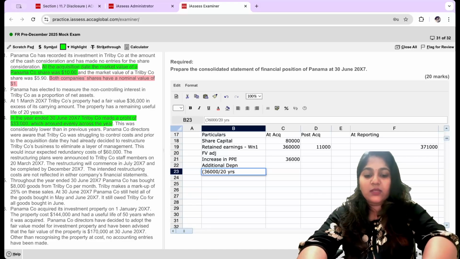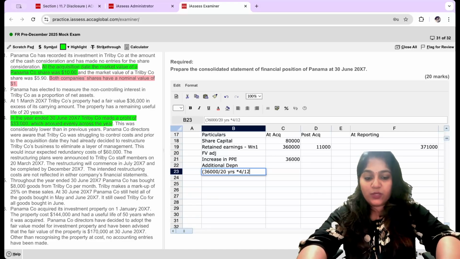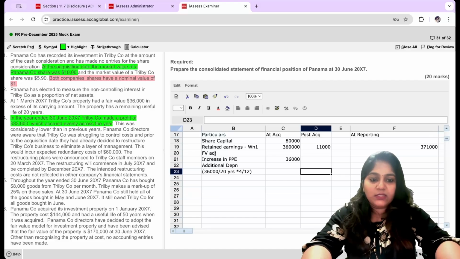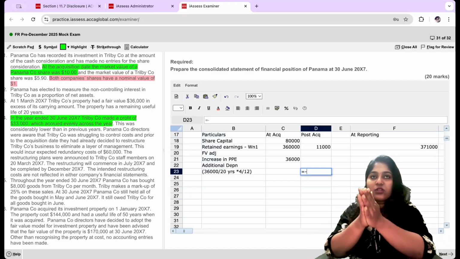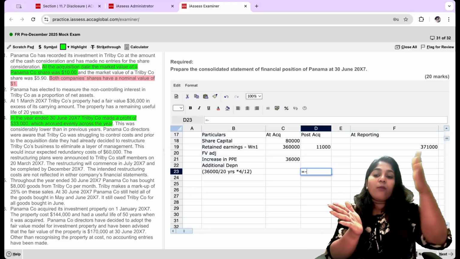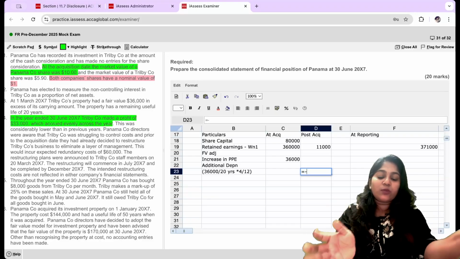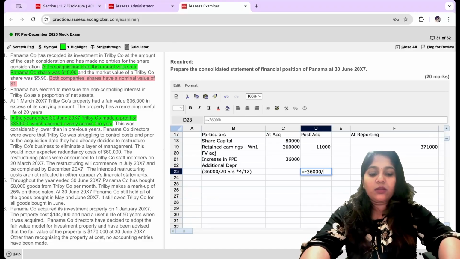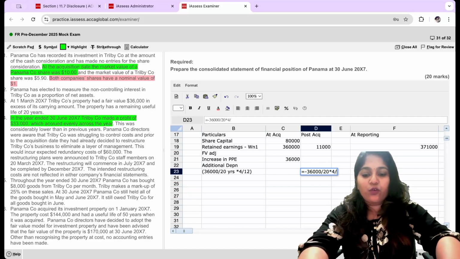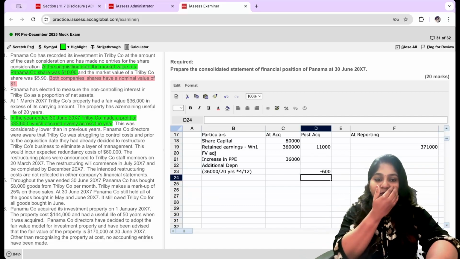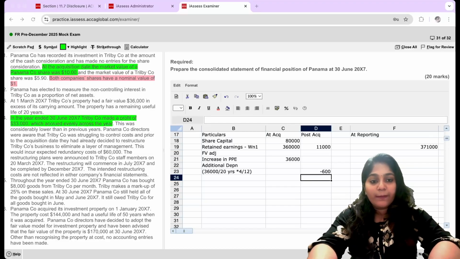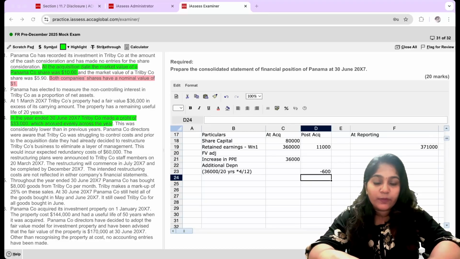You take 20 years multiplied by 4 by 12. We will only charge depreciation for 4 months, because the post acquisition period itself is 4 months. So I take $36,000 divided by 20 into 4 by 12. That becomes 600. I will have a change in my post acquisition profit because of this fair value measurement.